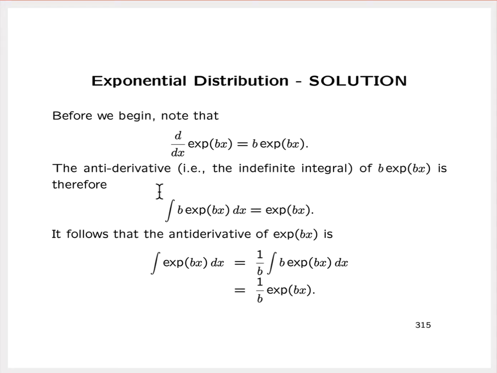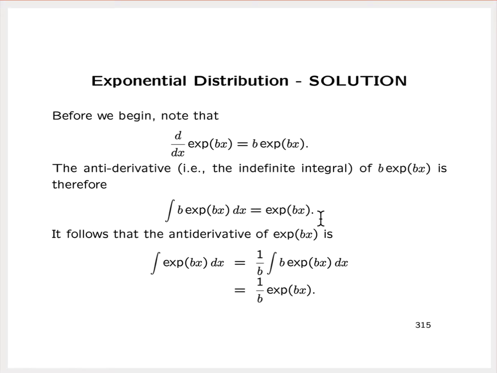When we talk about the antiderivative, what we're asking is what function is it whose derivative is b times e to the bx power? And that function, as we've just shown, is e to the bx. And so the antiderivative, or the indefinite integral of b times e to the bx power, is e raised to the bx, or in other words, the exponential function evaluated at b times x.